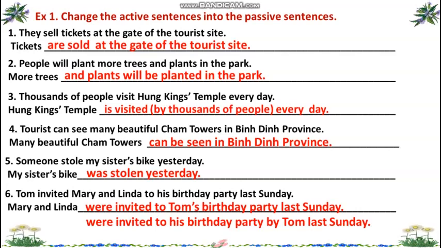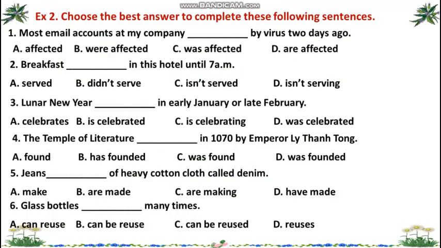So how many correct sentences have you got? Just try your best. And try to redo the sentences again at home, right? And now we move to exercise 2. We also have 6 sentences, but they are multiple choice.